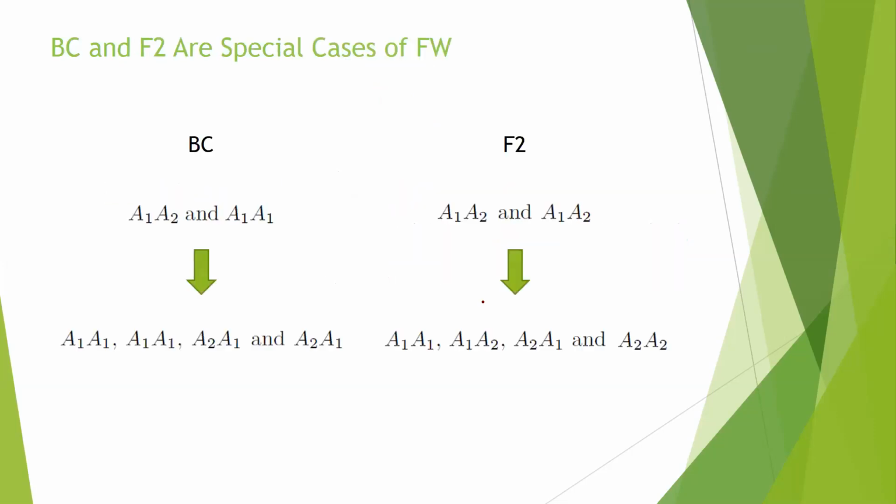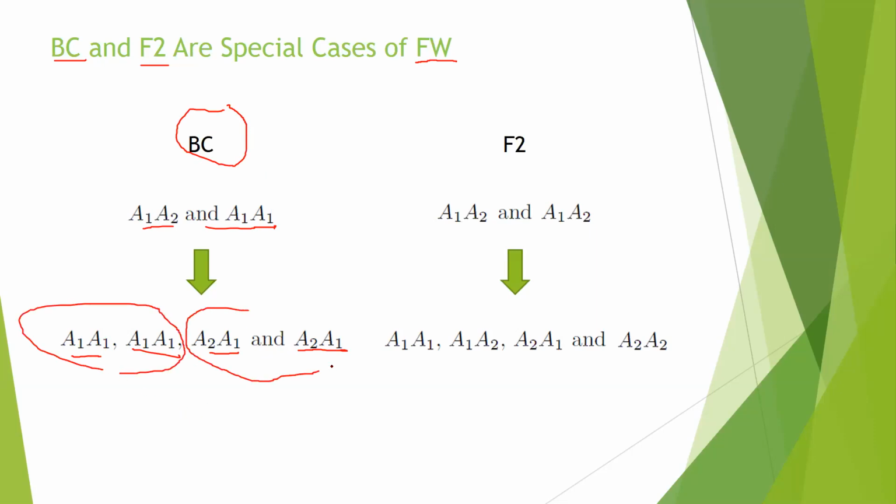Okay. All right. So as I mentioned, the backcross design and the F2 design are actually special cases of the four-way design. In backcross, you end up with 4 genotypes, but the first 2 are mixed up and the second 2 are also mixed up.